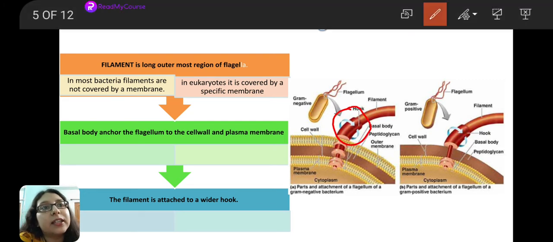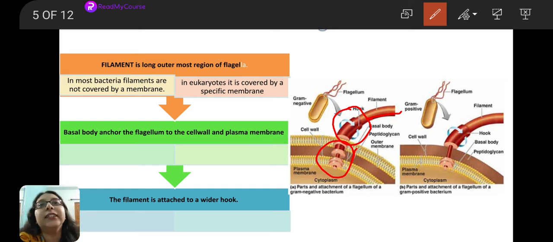This white pipe-like portion, that is the wider portion, which is usually known as the hook of a flagella. Then we have the long part extending outwards, that is the filament, okay? And we have one portion which is embedded within the cell membrane. That portion is the basal body. So we have three parts: the basal body, the filament, and the hook.